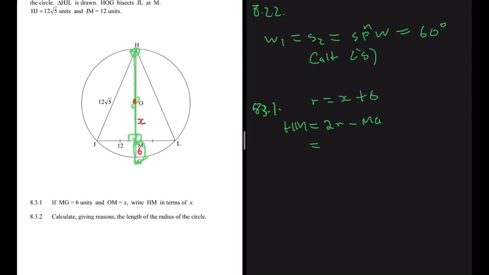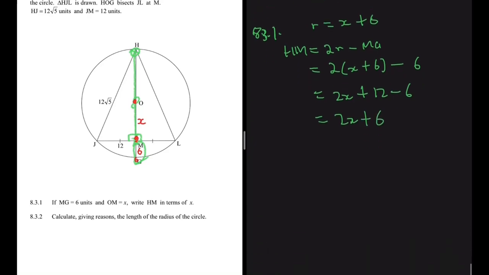From here at O to M and from M to G. So if we substitute that in place of the radius, we're going to get 2(X plus 6) minus MG, which is 6, right? So that will be equal to 2X plus 2 multiplied by 6, 12, minus 6. So HM will be equal to 2X plus 6 units, right?